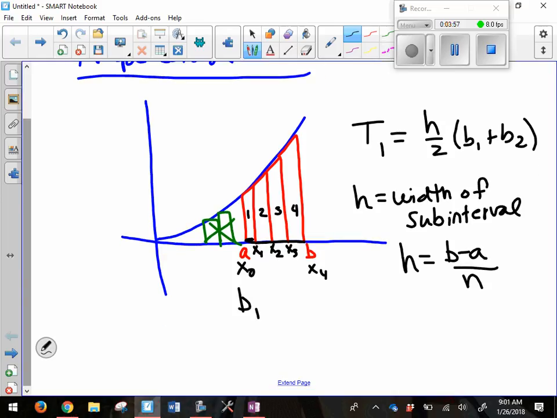And then, what's B1 going to be? Okay, it's going to be the left side. It's going to be this. It's the y value for x0, so I'm going to call it f of x0 because I'm going to assume, oh wait, my curve was blue, that this is f of x.